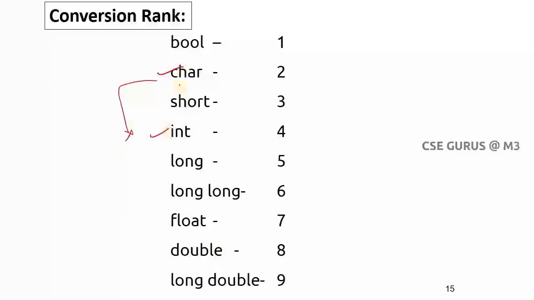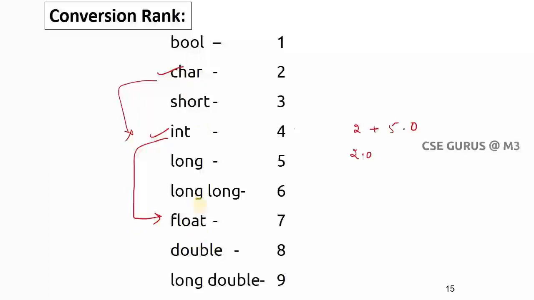So character and integer, character will be converted to integer. If I take integer and float, integer will be converted to float, not float to integer. Let us suppose I give 2 plus 5.0, so 2 will be converted to 2.0. Even if you take character and float, character will be converted to float. Like this it follows this conversion ranking order.